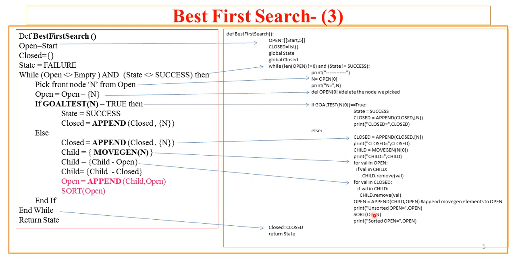The sort function is called on the open and that open is now sorted. At the end of this, the local closed elements are copied to the global close so that we can do the further processing in the driver code. So this is the simple way of transforming the given best first search into Python. Hope that you understood this.